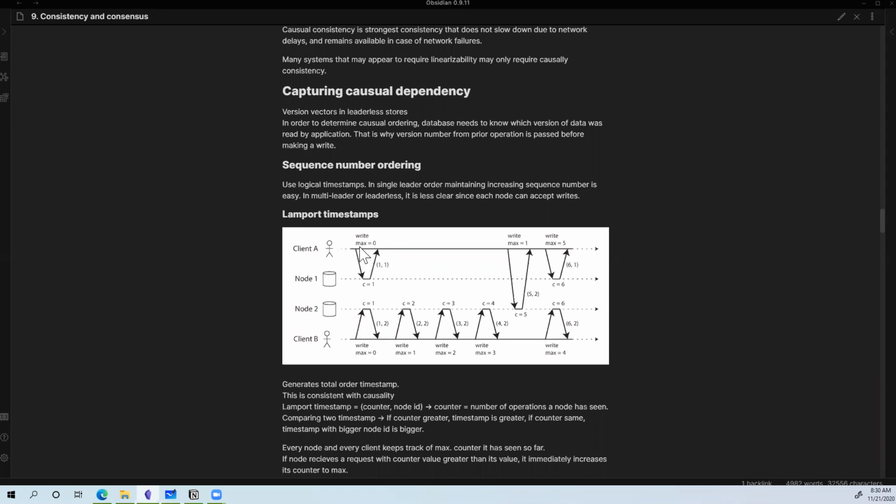I was just thinking, because here they say that there are issues with the Lamport timestamp as well. So in which use cases can we use this Lamport timestamp? Lamport timestamp is giving the total ordering, but when do we actually use it?